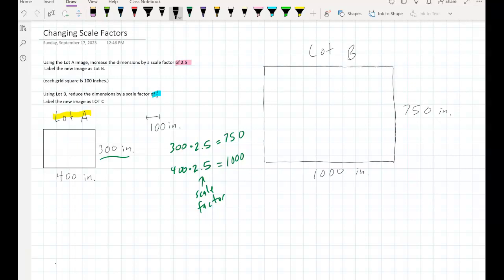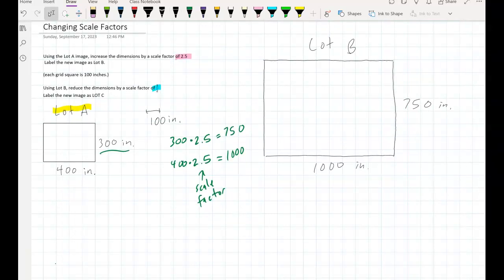And then our next instructions say, using lot B, reduce the dimensions by a scale factor of 1/2. So that means we have to use those dimensions that we just found, 750 and 1,000, and reduce by a scale factor of 1/2. So 750 times 1/2 and 1,000 times 1/2.